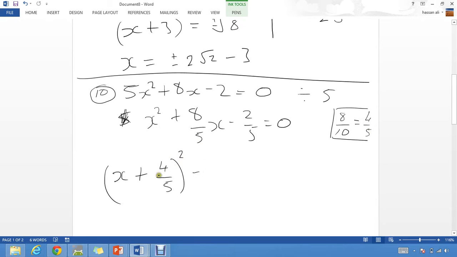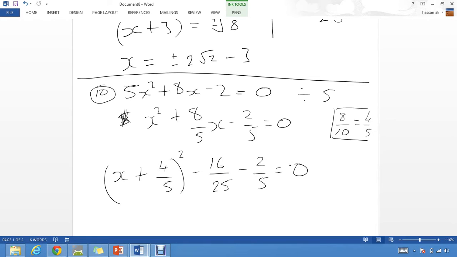Minus the square of this number, remember. When you're squaring fractions, you just square the individual numbers. It's simple. So 4 squared is 16 over 25, and that's minus 2 over 5, and then that will be equal to 0.